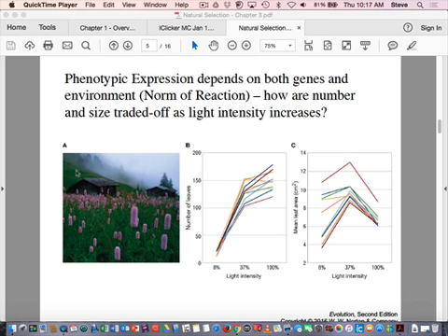Do you think that's a good thing in that highlight environment, as opposed to producing a small number of leaves of big size? That's a tough question. But in general, this is actually the best response. To produce a lot of leaves with a smaller area is probably going to get you the ability to capture more light and produce more resources. Okay, I'll stop there.